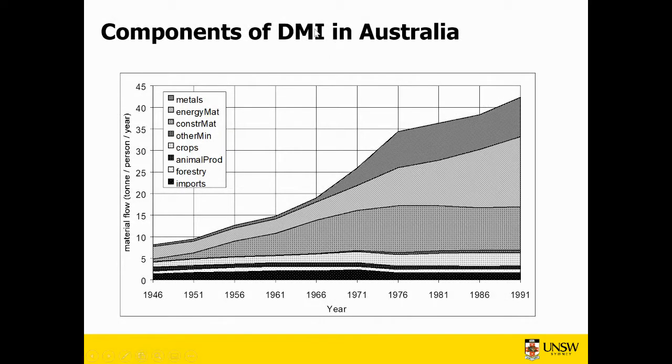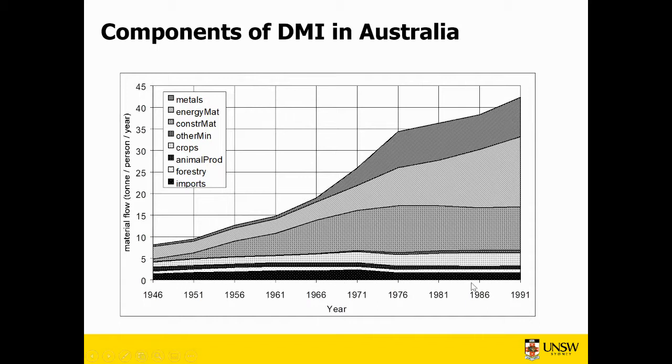Again, now breaking down Australia, this is direct material input. So this is materials actually used in the Australian economy and how it breaks down into all those categories. Here they go into even more detail, and they break down the biological materials into crops, animal products, forestry. And here they aggregate imports.